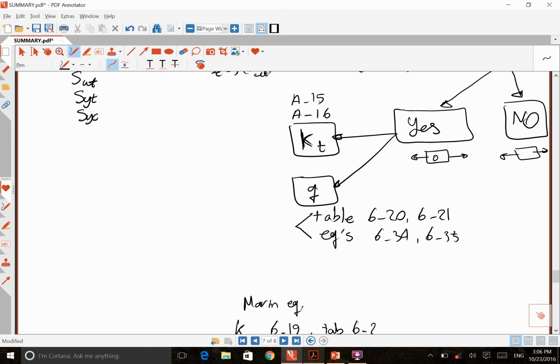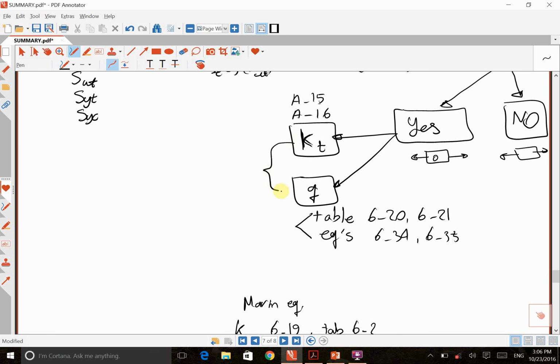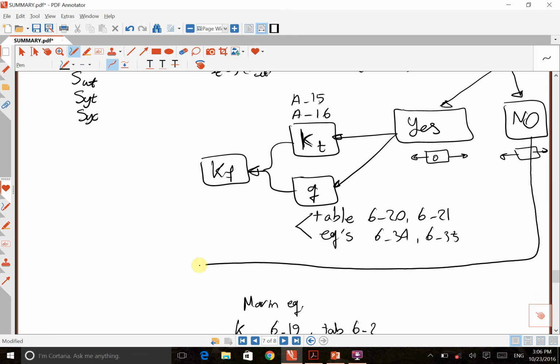You can use whatever you want, and once you get that, you're gonna find KF based on these two parameters. So if there is no stress concentration, we jump to this step, but if there is some stress concentration, we need to do these parts and find those KFs.